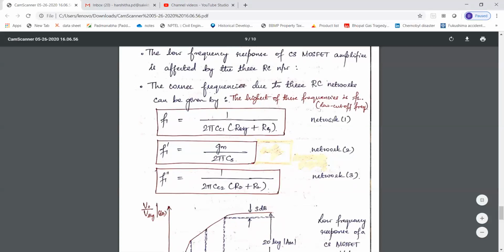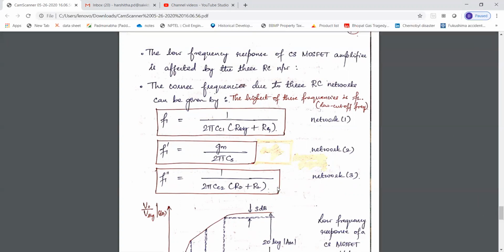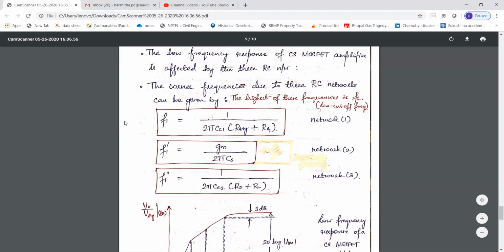So R signal, RG and coupling capacitor CC1 will form one network. CS along with the resistances internal to the MOSFET will form another network, and RD and RL along with CC2 will form another network. These three networks will have an effect on the low cutoff frequency. Out of all these frequencies, whichever is the highest frequency will be the low cutoff frequency.